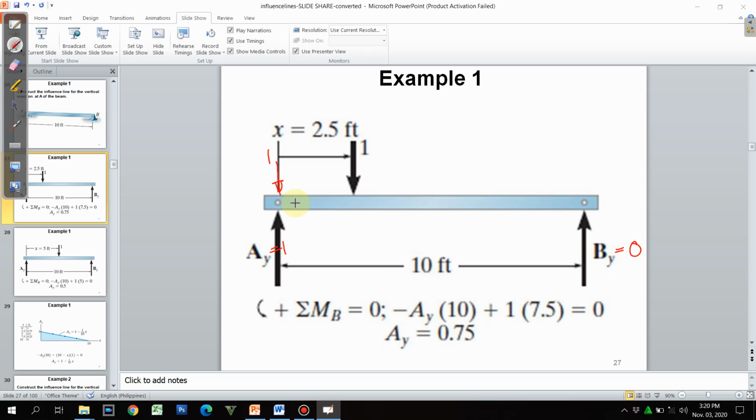So on the transfer of the loading, we are going to determine the value of RA every time we transfer this loading from one point to another. So it is up to the designer how he would divide the whole span into segments, transferring one from one point to another.